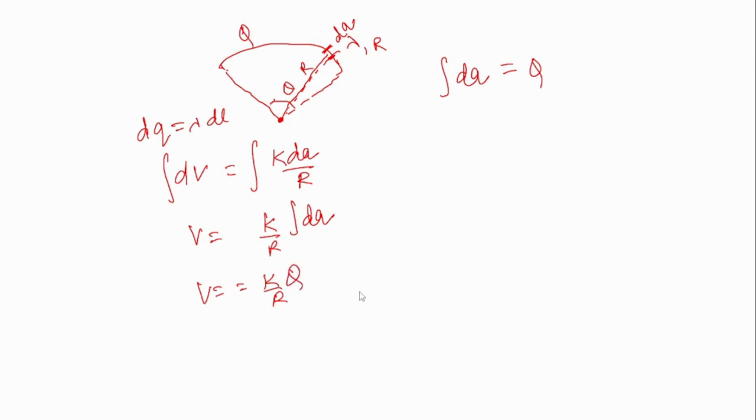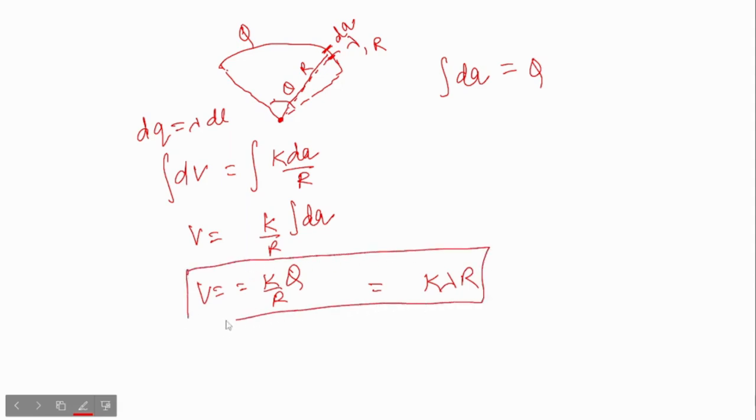So V is kq by r. You can also write q as lambda into r into theta, so V will also become k lambda theta. The first one is in terms of the charge, and the second one is in terms of the linear charge density. This will be the electric potential at the center of a partial ring, or you can say arc.